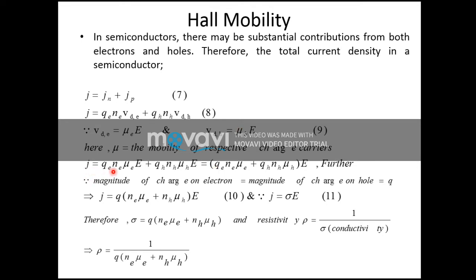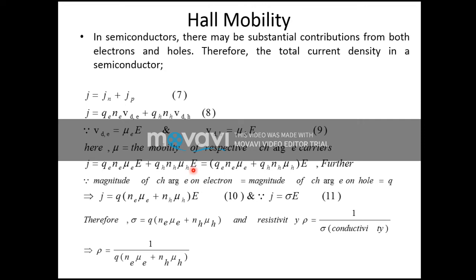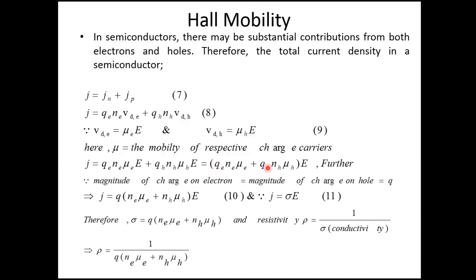Now we can write these two equations. In place of VDE we are writing mu E into E from equation 9. In place of VDH we are writing mu H into E from equation number 9. So this E we can take common, so E is taken outside, and we are getting this equation QE NE mu E plus QH NH mu H.